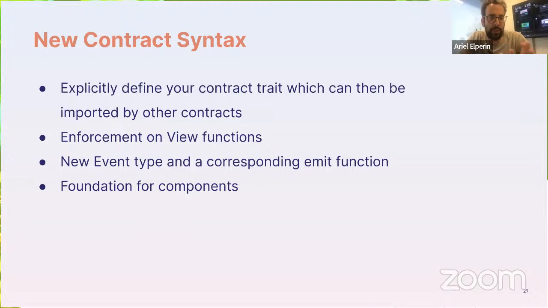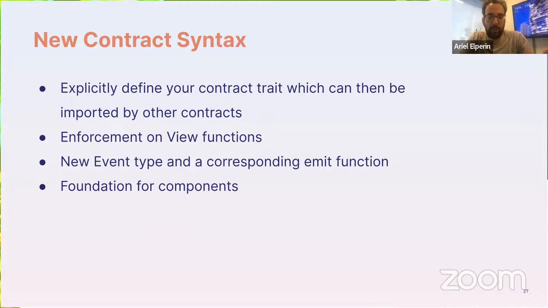But essentially, we're separating a contract into an interface and an implementation, or trait and an implementation, which allows you to make sure that your contract has exactly the desired functionality, nothing more and nothing less. There's now enforcement on view functions. So ever since Cairo 0, you could annotate functions that are supposed to not modify the state as view functions, but this was not actually enforced. You could just write to storage.